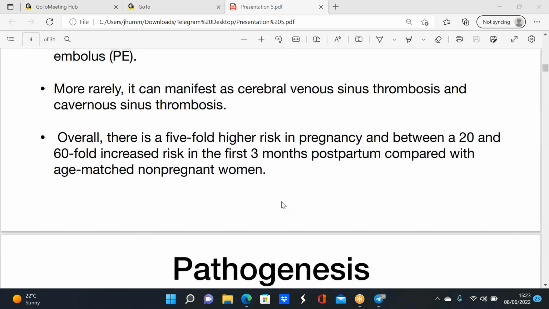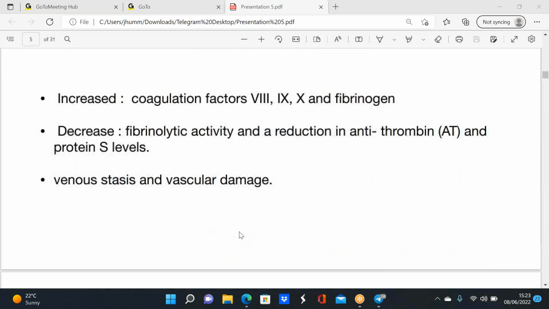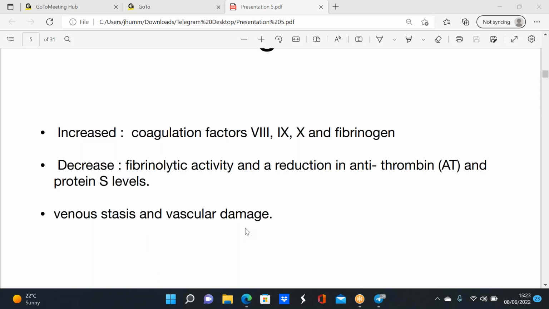So why does this happen? Okay, so we should understand the pathogenesis. There are certain coagulation factors which increase and certain factors which decrease. Okay, so it may come as an MCQ or SBA. So the coagulation factors which increase are factor 8, factor 9, 10 and fibrinogen.